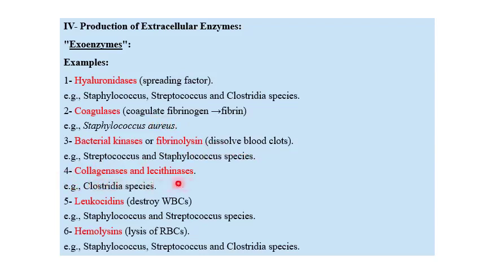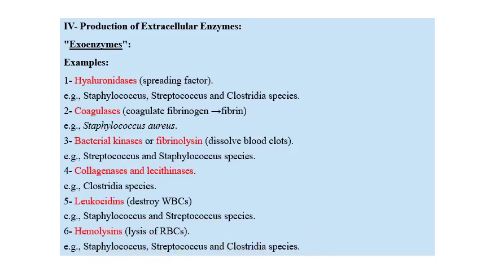Collagenase and lecithinases are produced by the Clostridia species. Leucocidins destroy the white blood corpuscles and are produced by both Staph and Streptococcus species. And finally, hemolysins, which lyse RBCs, are also produced by Staphylococcus, Streptococcus and Clostridia species.